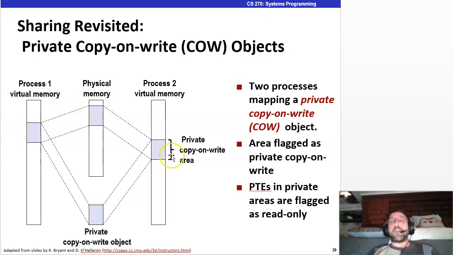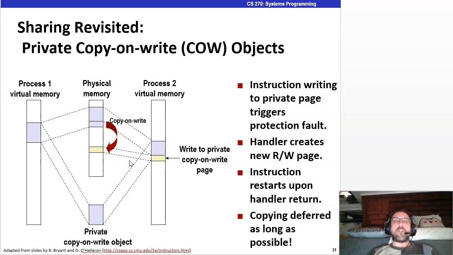But if one of these processes now needs to write to that page, I have a problem because the other process should still be referring to the original version of that page. So something like that in the page table is marked as read only. So then a process tries to write to it. It gets a page fault, and the operating system knows that this is marked as copy on write.